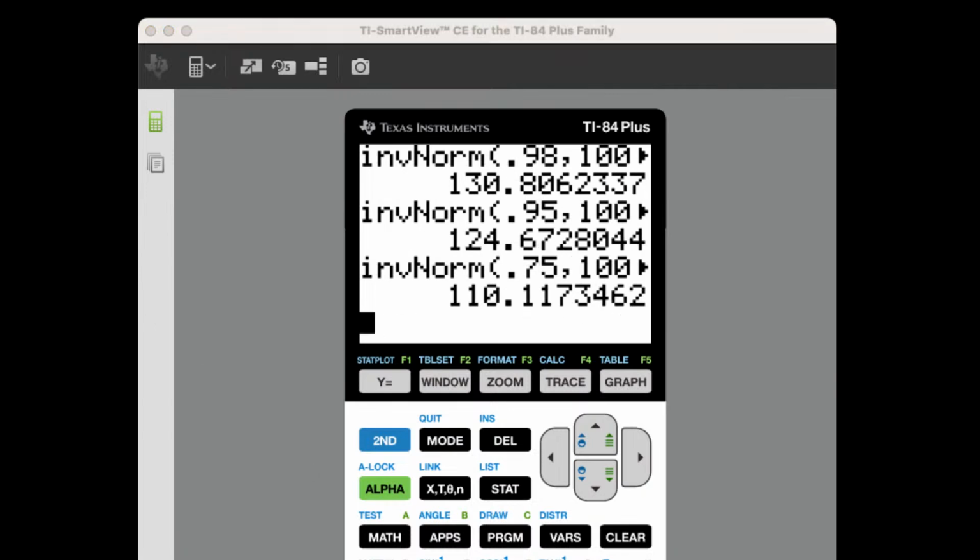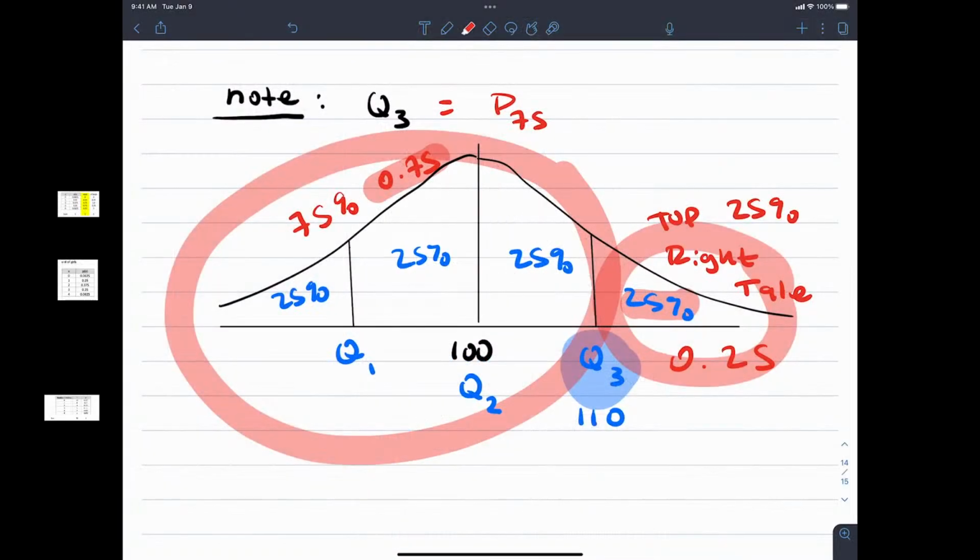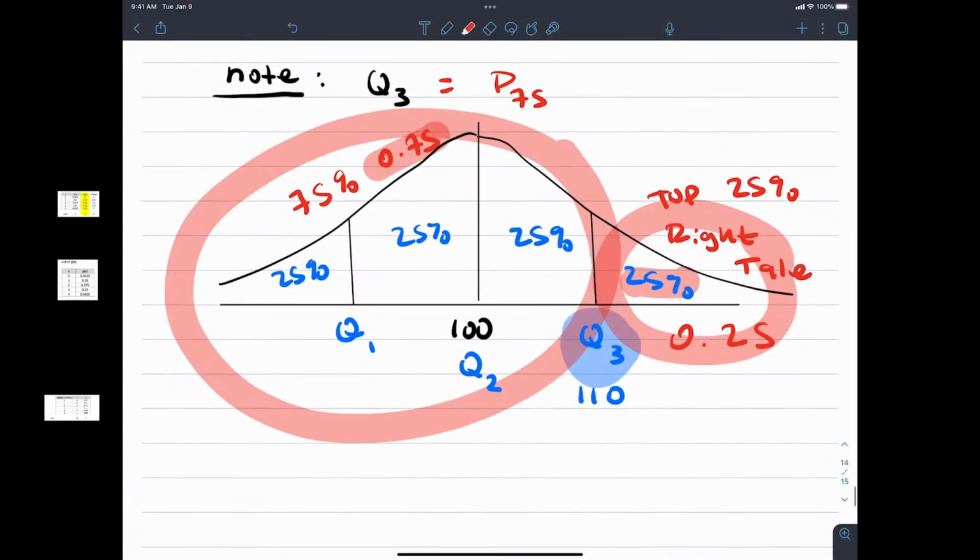Same thing, 110. Okay, you guys okay with that? So remember, the definition of the third quartile is the 75th percentile. So you're drawing this picture by definition. 25, 25, and 25 gives you 75. But the top, then, is now the top 25%.